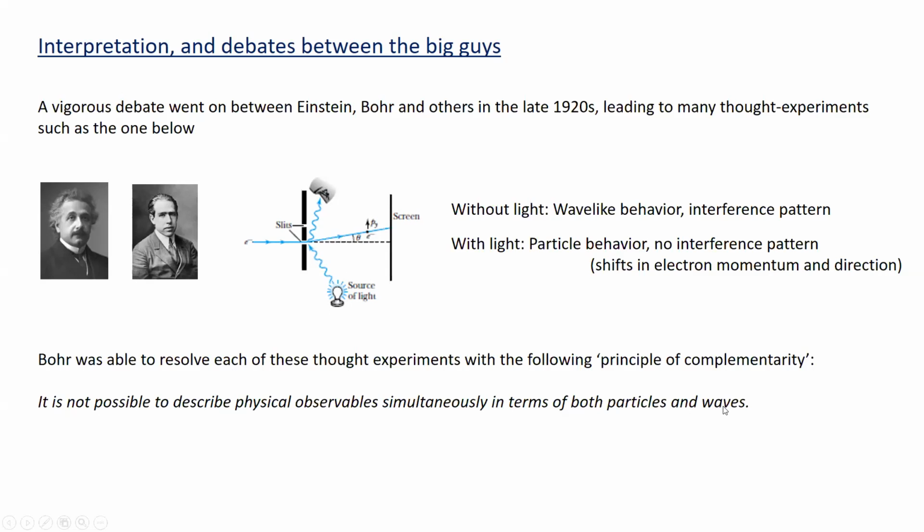So depending on the situation, we have to treat something as a wave, generally when it's propagating through space freely or through matter freely. When it interacts with atoms or with other particles, we have to look at it as particles. And this is the wave-particle duality, which seems to be here to stay.